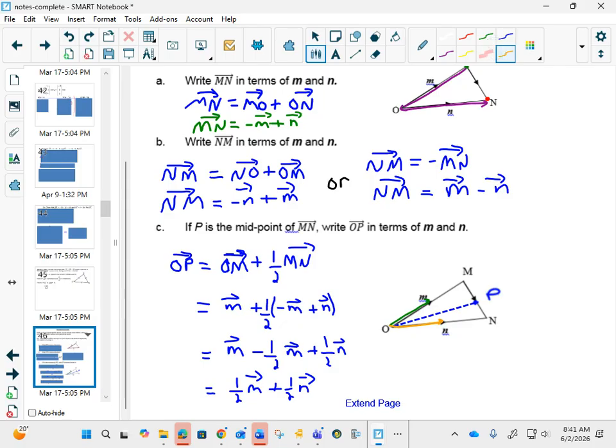The green arrow is half of M, the orange arrow is half of N. And if I put them together, head to tail, I get right to P.